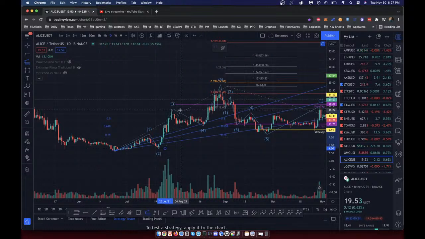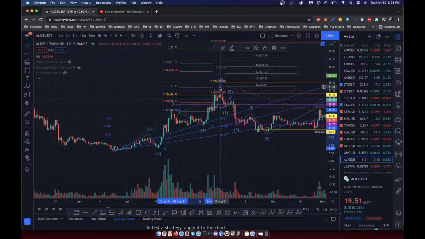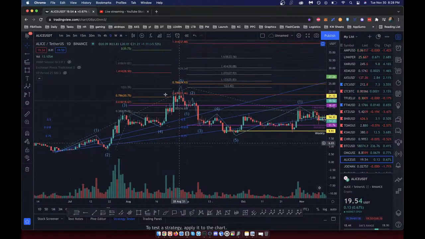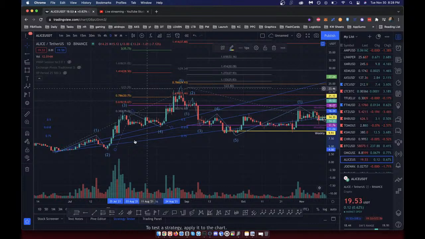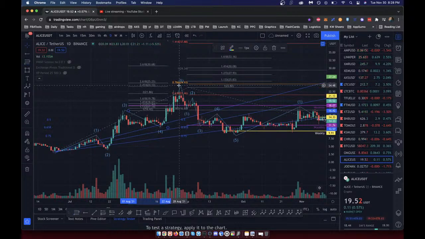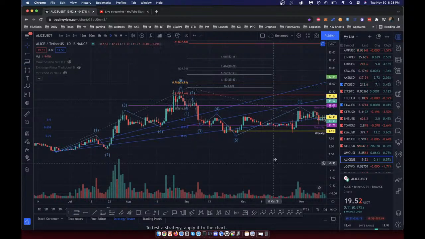And if we take a look at this third wave to fourth, this hit the 1-to-1. And if we look at the expansion, this hit the 2.414.